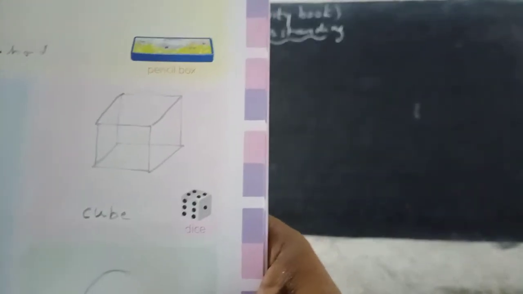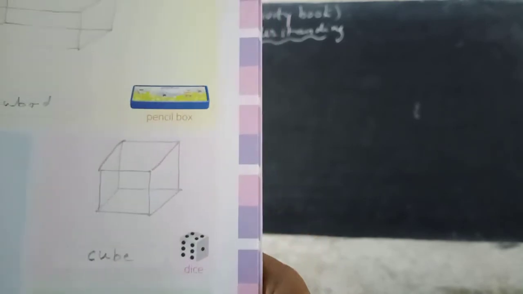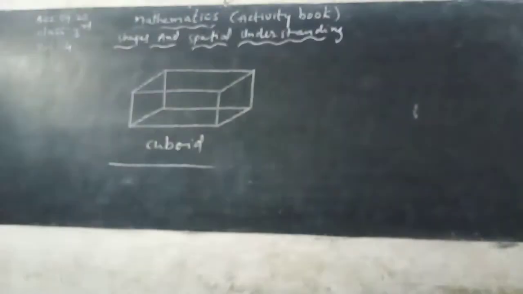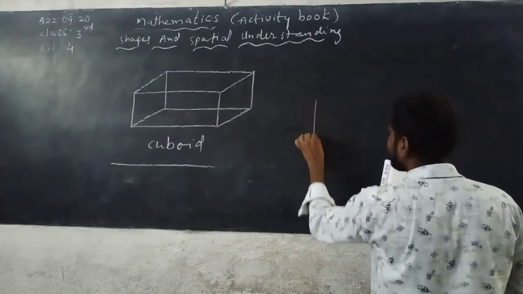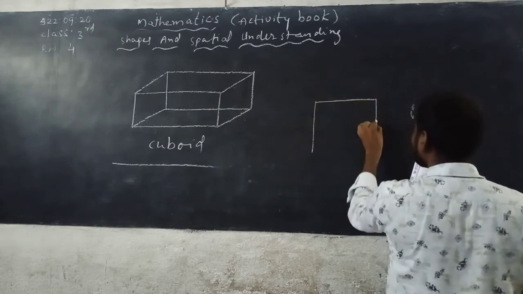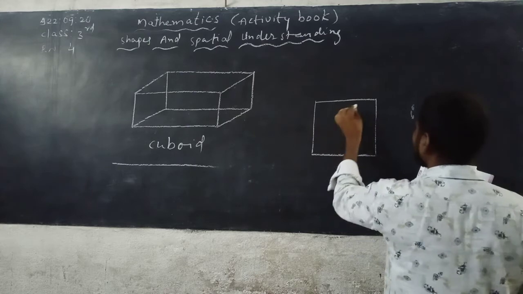So this is the dice. So dice is in the shape of cube. Now cube means cube is a square in shape, no? So we have to take square and draw. Square means in a square all sides are equal in length.